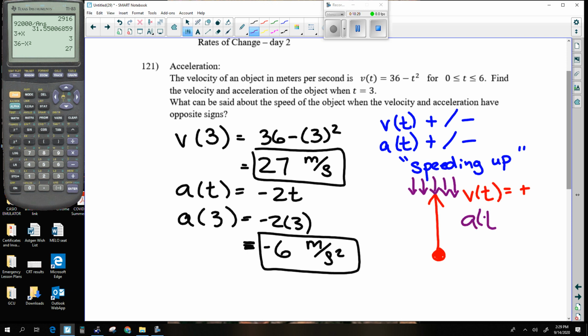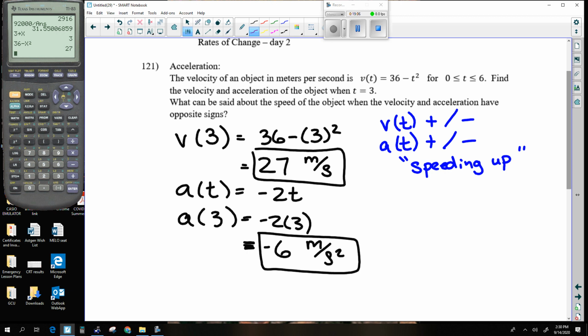So the acceleration is in a downwards, negative direction. Is the ball speeding up or slowing down? Well, it's slowing down, of course, because the two things aren't working together. The velocity is positive and the acceleration is negative. They work against each other.